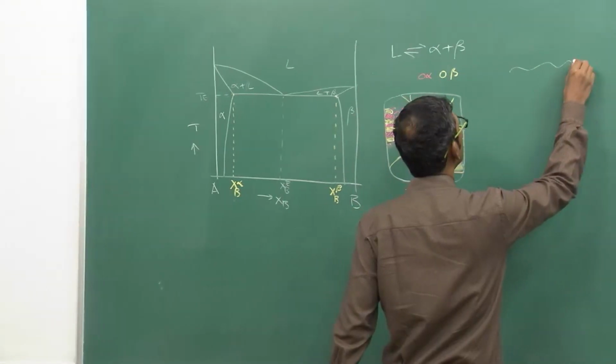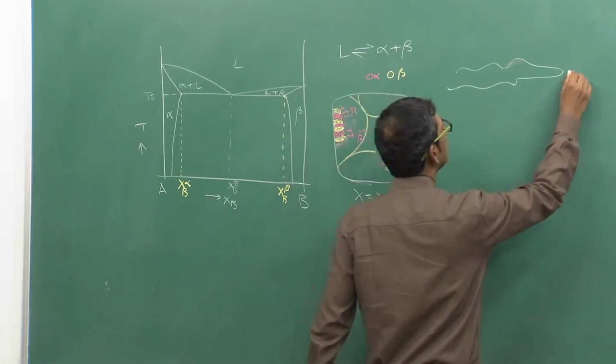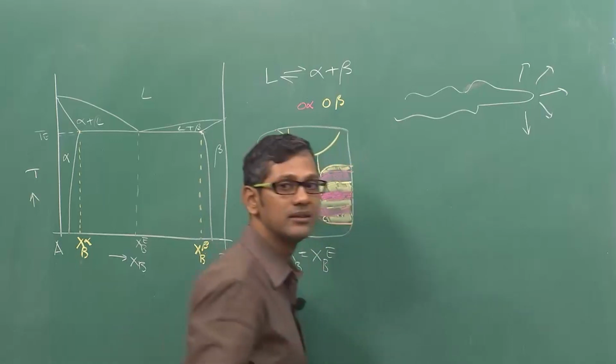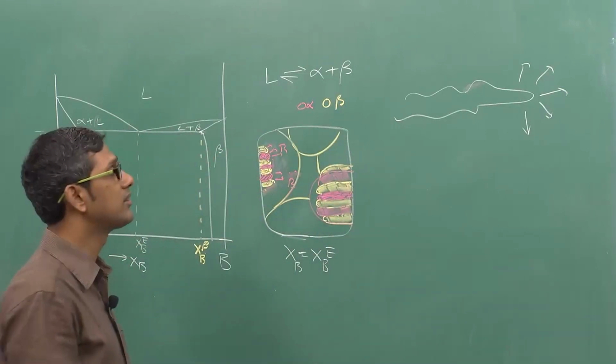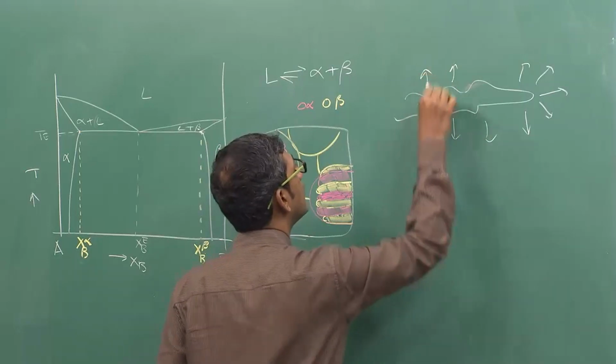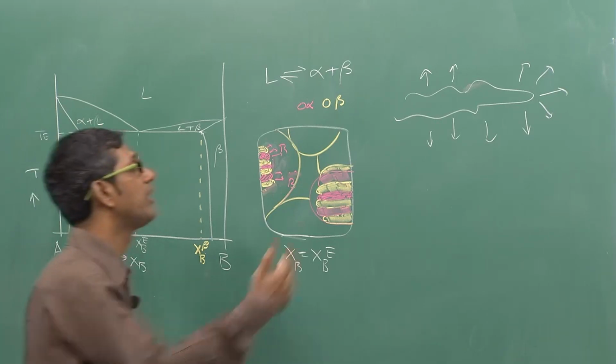So, when a dendrite grows into liquid, what happens? As the dendrite grows, it also rejects solutes, alloy dendrites, right? And it rejects solutes in all directions, because as the dendrite grows into a solid phase, the solid has a much lower solute content than the liquid, and it grows from the liquid, right?